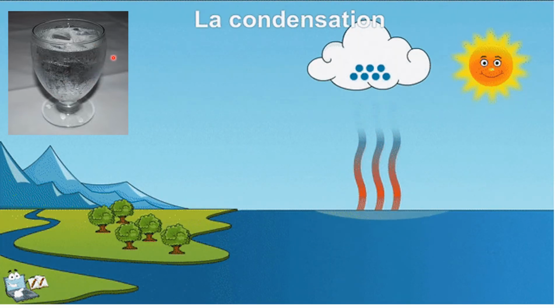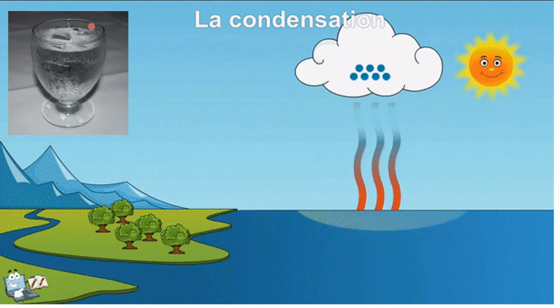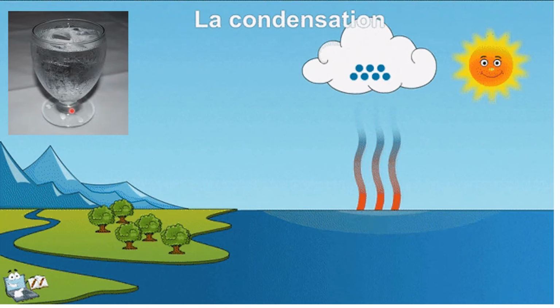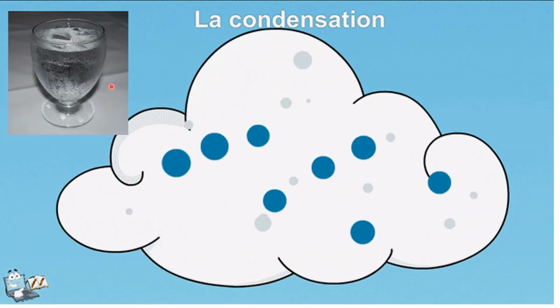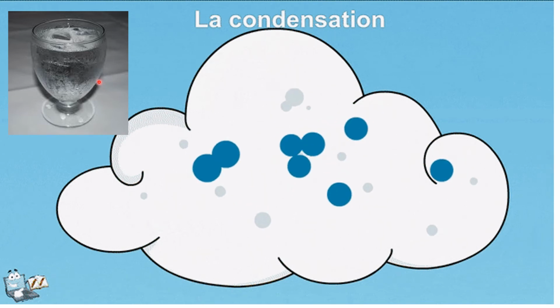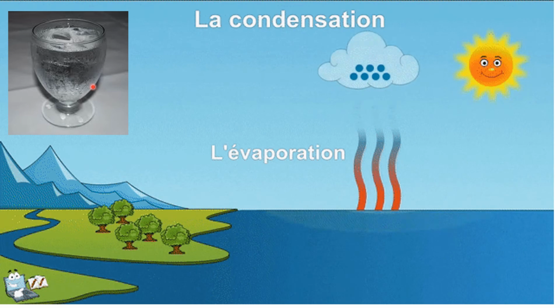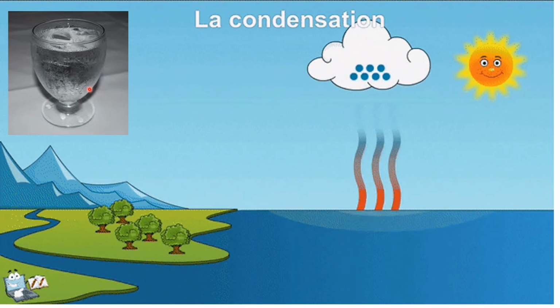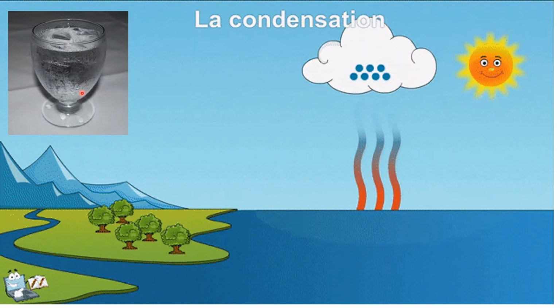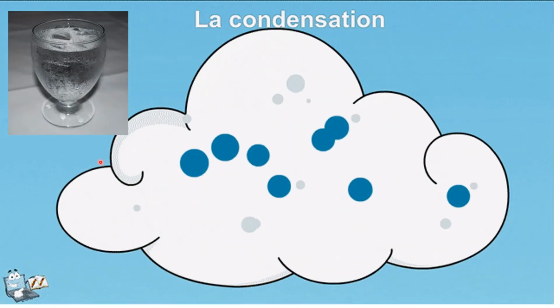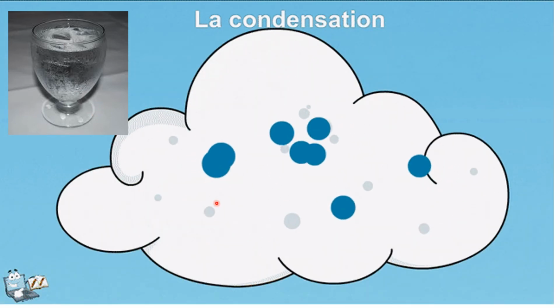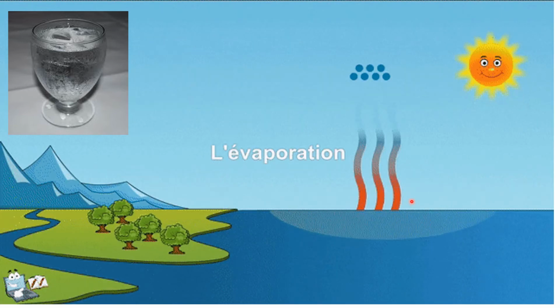The air surrounding the glass is still warm or hot. When that warm air comes into contact with the chilled surface of the glass, it turns into liquid, that is, into the form of water droplets. So this is the process of condensation, and the same process occurs in nature also, that is the formation of clouds.